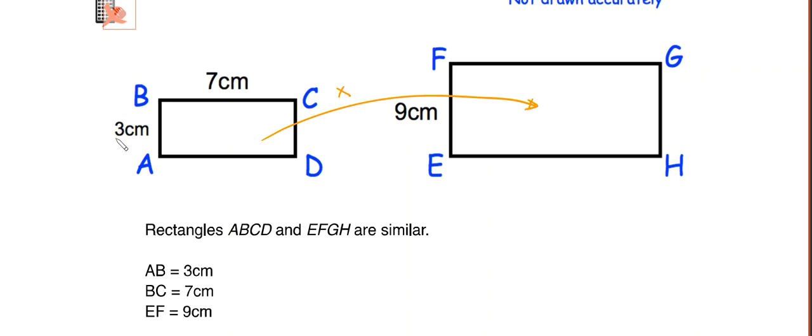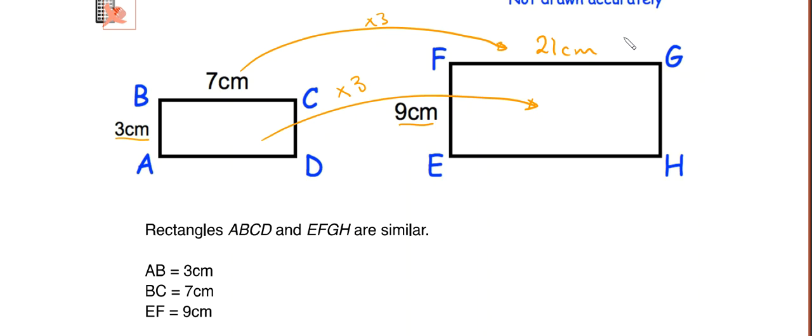So in this case, I thought that BA and FE are what we call corresponding. So 3 to 9, I know that's a times 3, which means everything else is times 3. So that means 7 times 3 is 21.